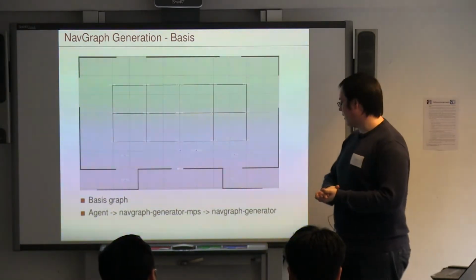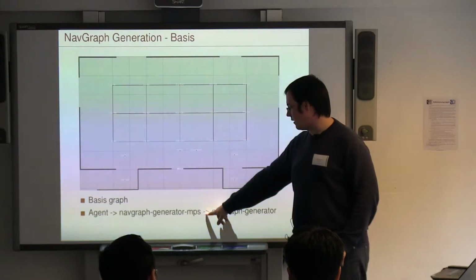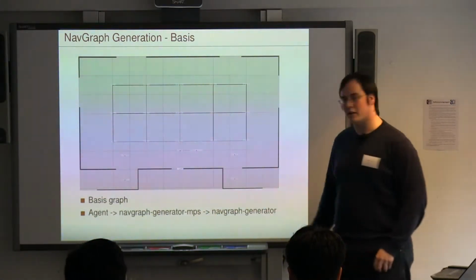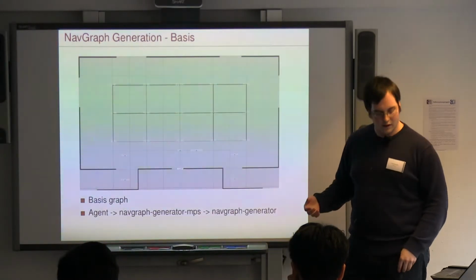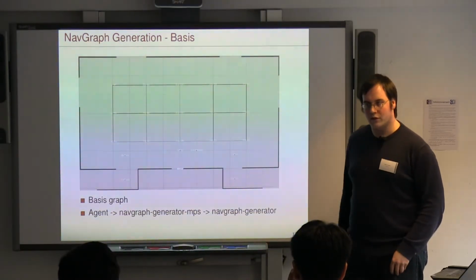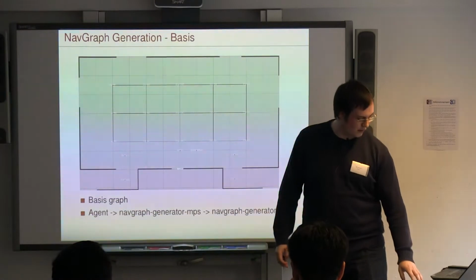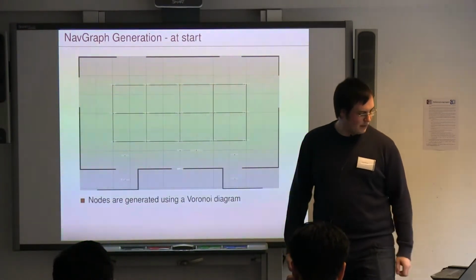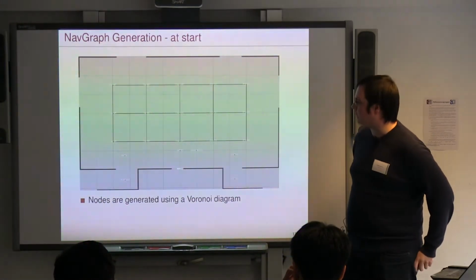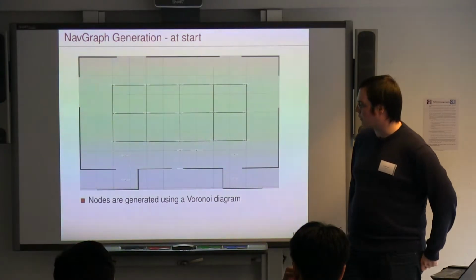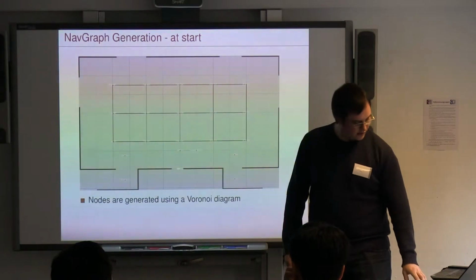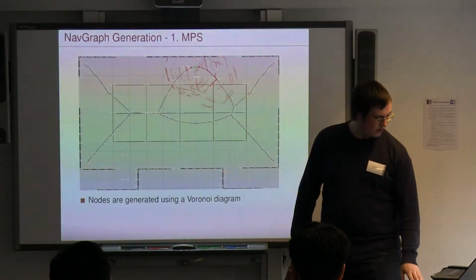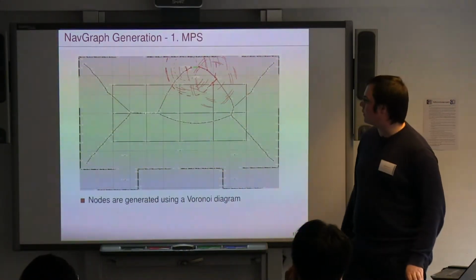Then this plugin calls the NavGraph Generator, which in a generalized way adds these points to the nav graph and calculates the new graph. And the new graph is calculated using a Voronoi diagram. So I now just want to quickly show how it looks.